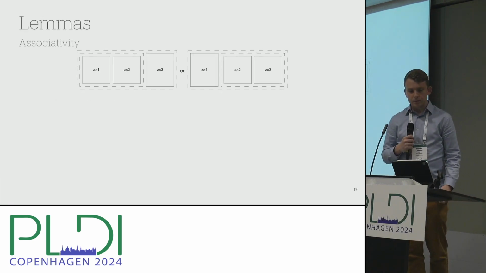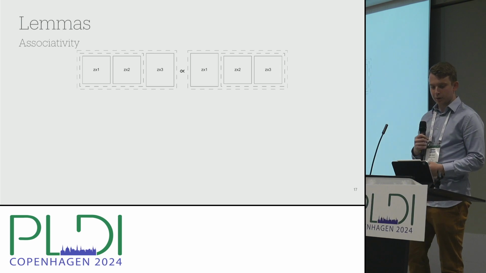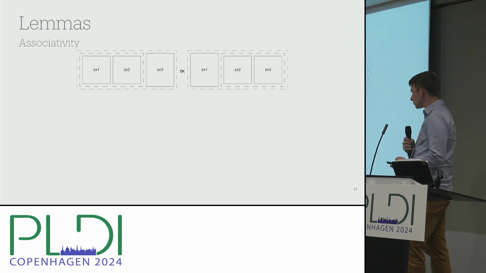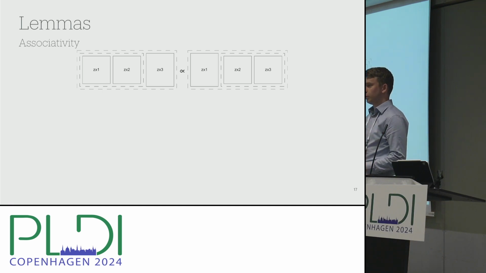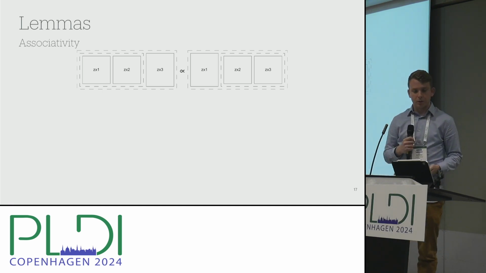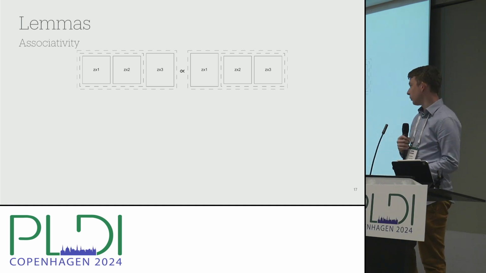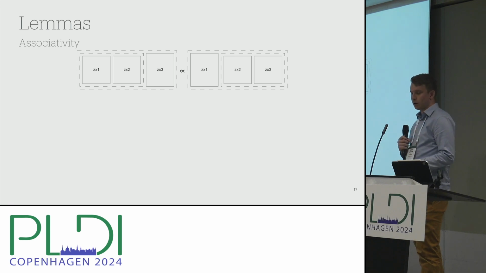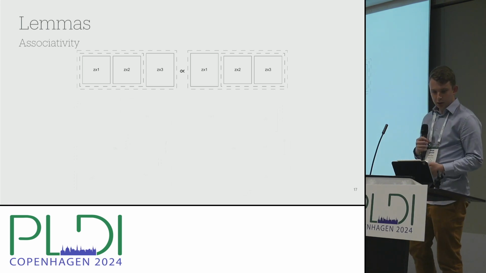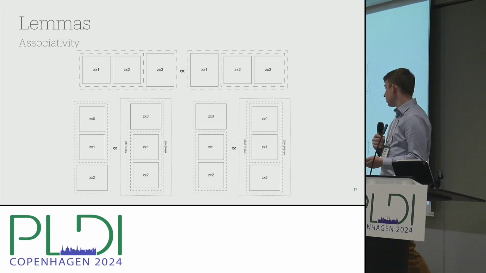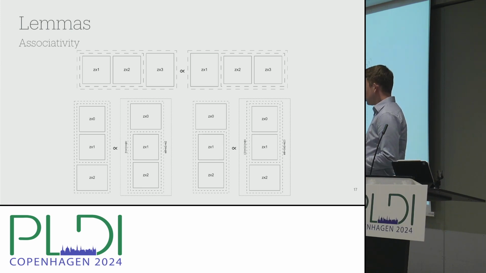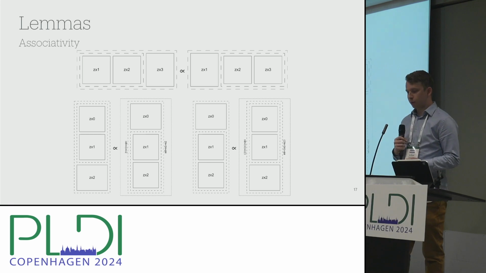And before we look at how we actually solve this, let's look at what these structural manipulations are. So for one, we have standard associativity for sequential composition, or as we call it, just composition. And also for parallel composition, or as we call it, stacking, with one little addition.